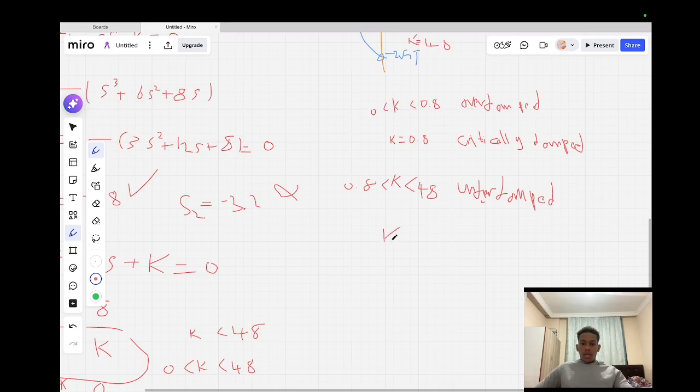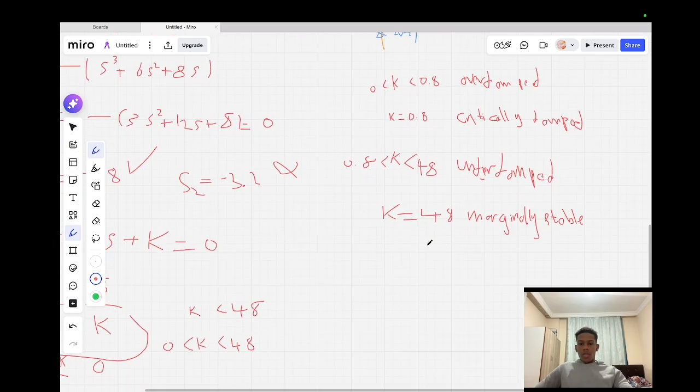And if K equals 48, it's marginally stable, not marginally damped, because the roots are on the imaginary axis.